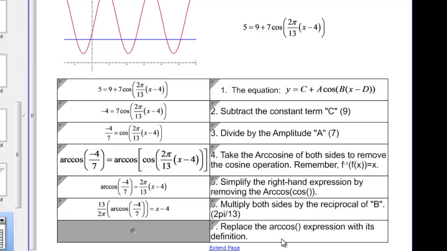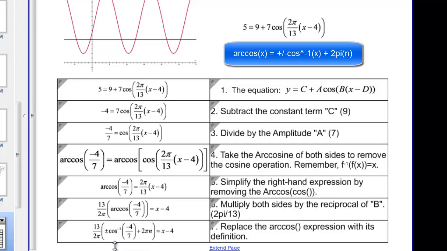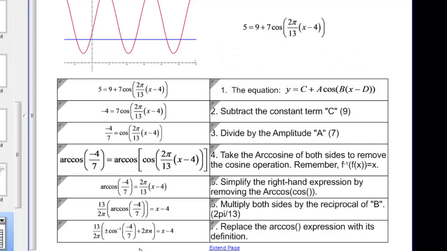The next step we're going to take is to replace the arc cosine expression with its definition. Remember how we said that the arc cosine was equal to plus or minus the inverse cosine of negative 4/7 plus 2 pi n, to take into account those coterminal angles, or the periodic nature of the cosine function.